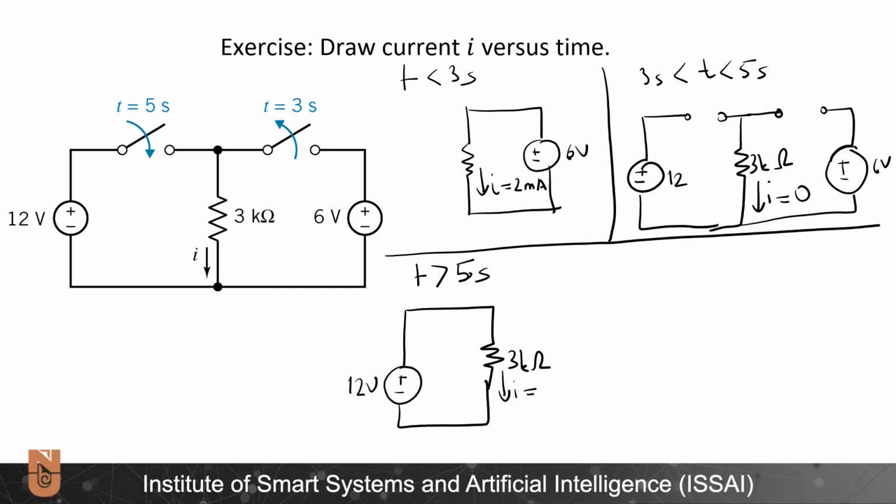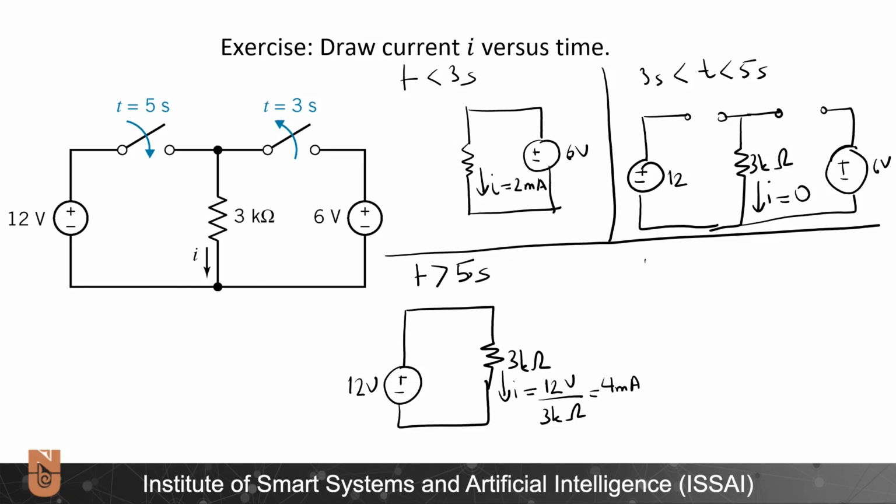So I will be equal to 12 volts divided by 3 kilo ohms, which is equal to 4 milliamps. So we have less than 3 seconds, 2 milliamps. Between 3 and 5 seconds, 0 amps. And above 5 seconds, 4 milliamps.